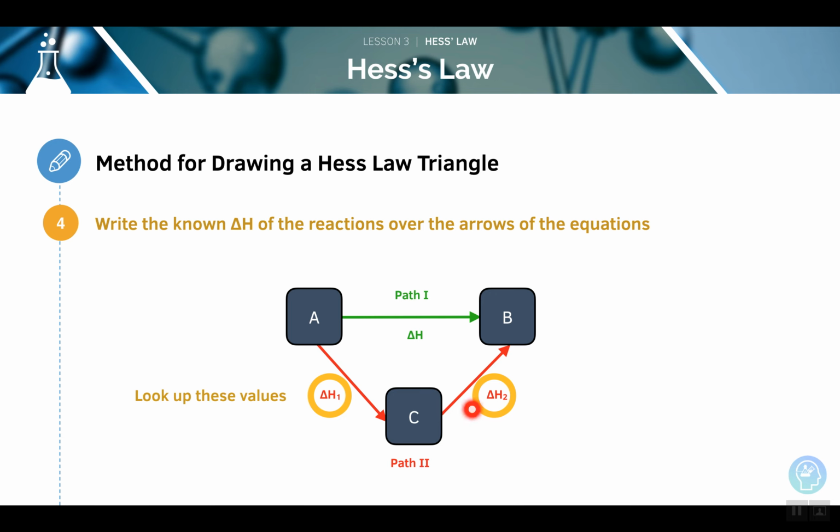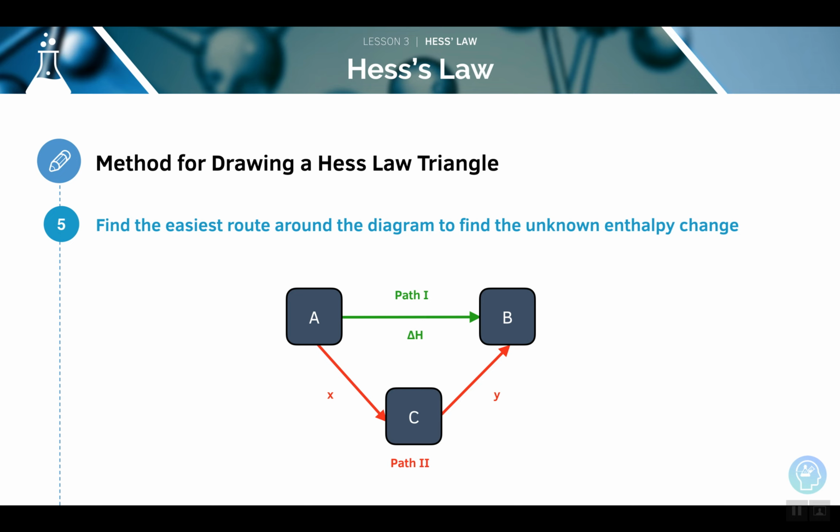These are shown here. Finally, we can find the easiest route around the diagram, which will enable us to find the unknown enthalpy change. So for here, we would do x plus y is equal to delta H.